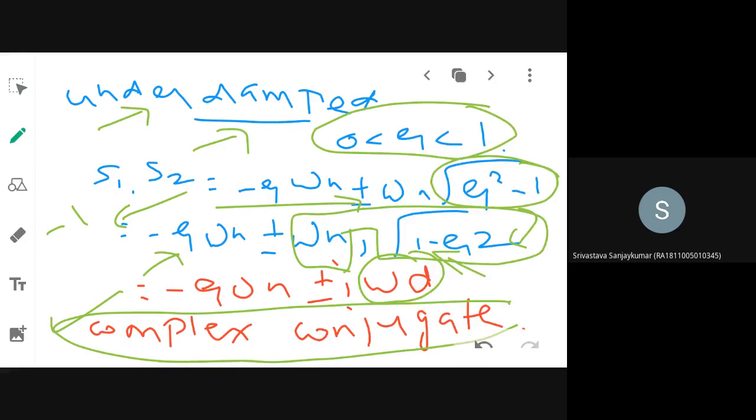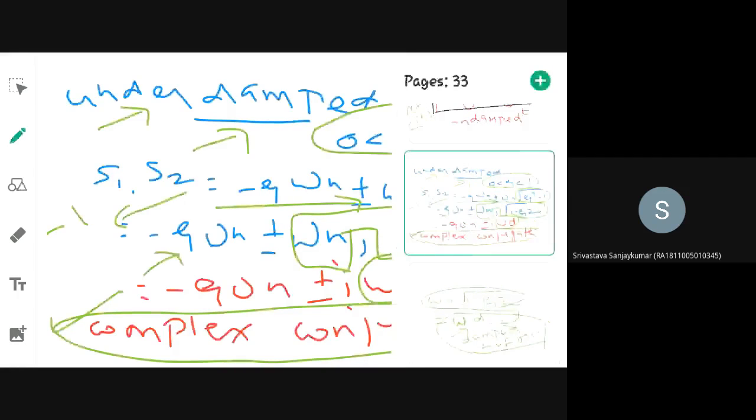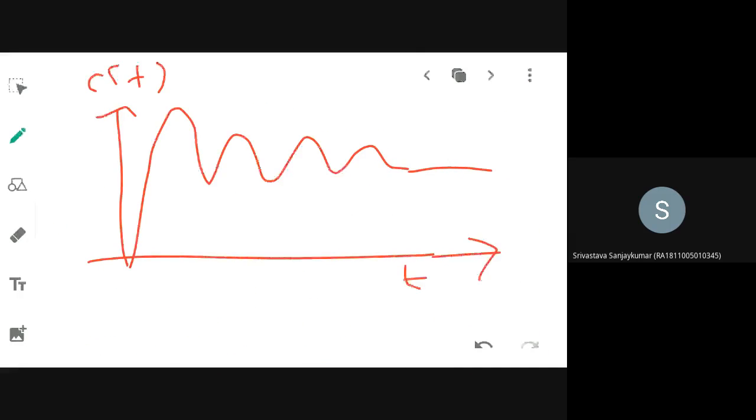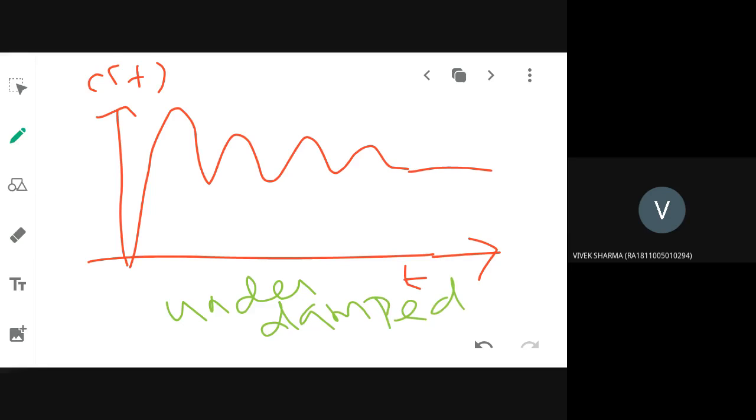Next, how will the response look for an underdamped system? The amplitude will be decreasing.